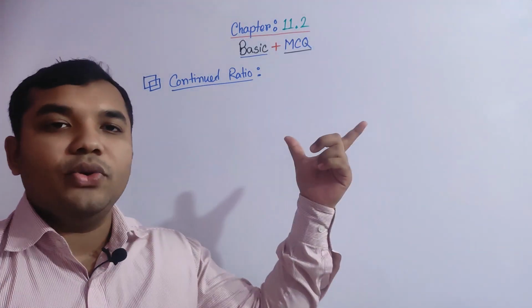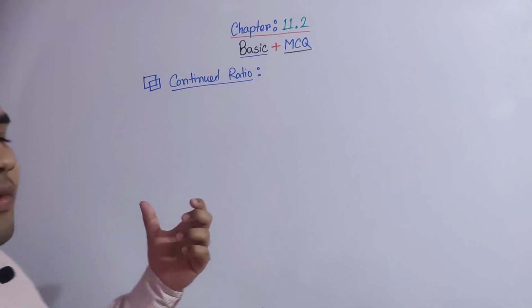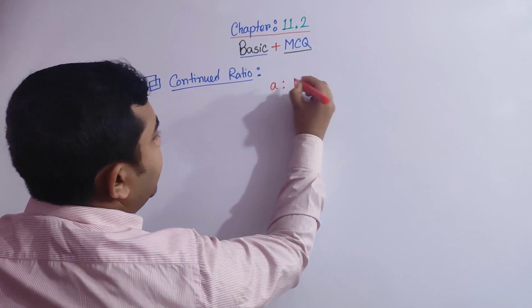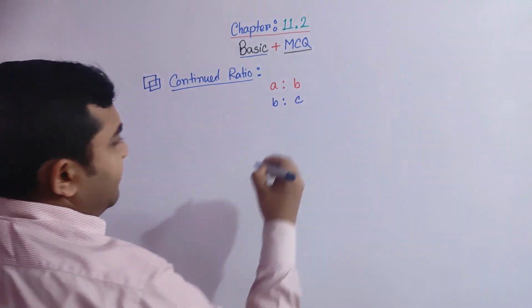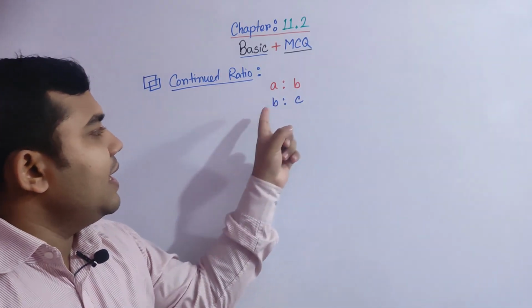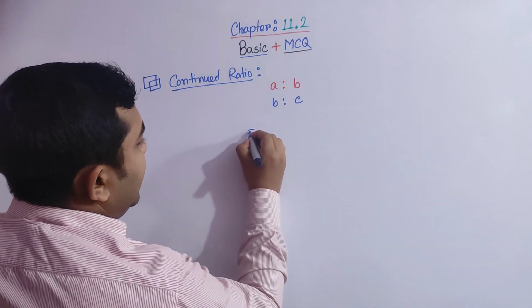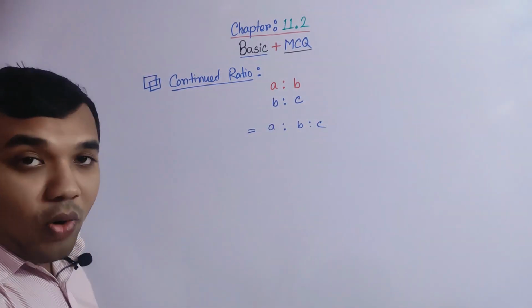What actually is the continued ratio? If two ratios are of the form A is to B and B is to C, say our first ratio is A is to B and our second ratio is B is to C, then these two ratios can be written as A is to B is to C. Why?